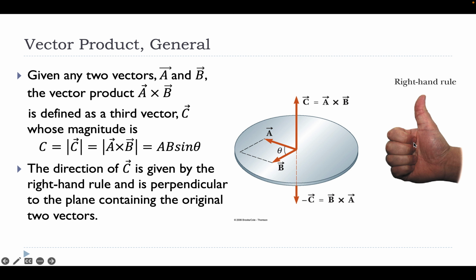You take the fingers of your right hand and put them in the direction of vector A, and then curl your fingers towards the other vector B, and the direction that your thumb points is the direction of the cross product between those two vectors. So if I imagine taking my hand, fingers along here, curling my right-hand fingers this way, my thumb would point upward. But it has to always be perpendicular to the plane containing the original two vectors.